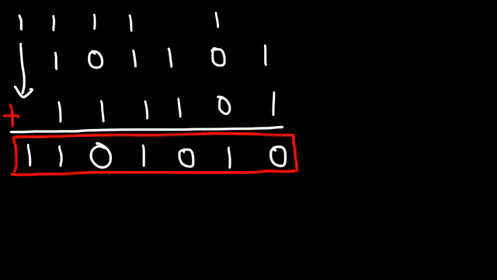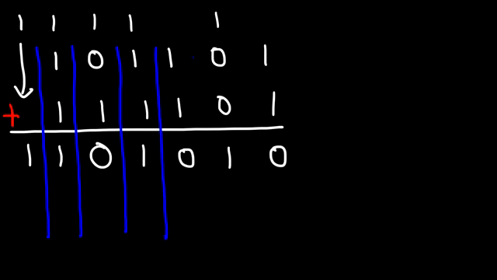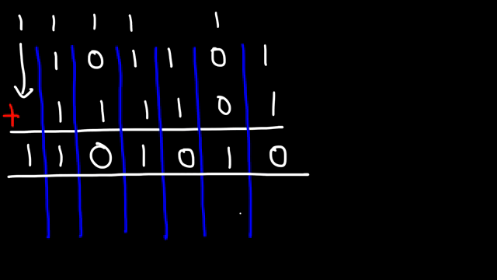But as always, let's confirm it. So let's begin by drawing lines to separate the columns from each other. And then let's write the powers of 2. 2 to the 0 is 1, 2 to the 1 is 2, 2 squared is 4, 2 to the third power is 8, 2 to the fourth power is 16, 2 to the fifth is 32, and 2 to the sixth is 64.